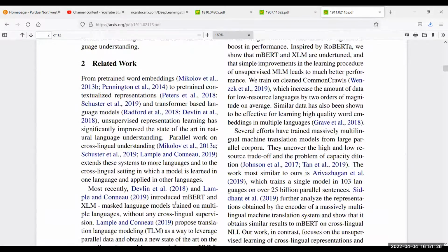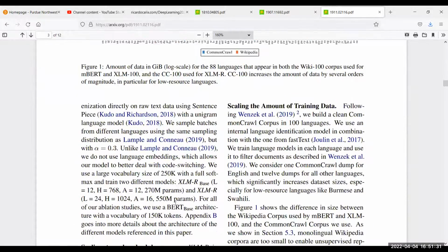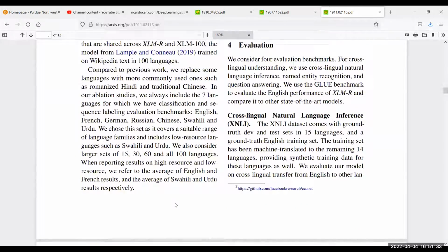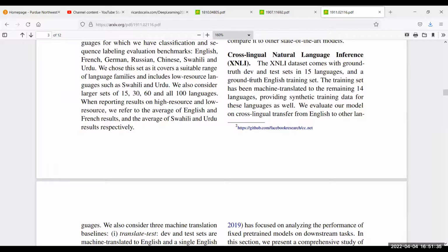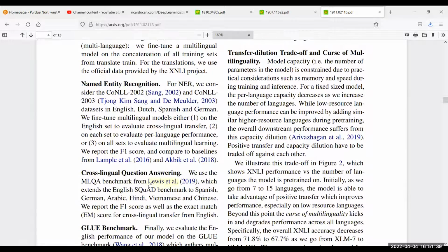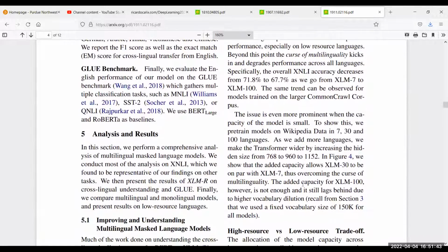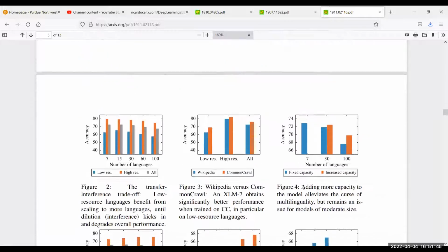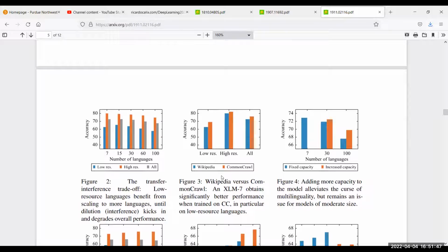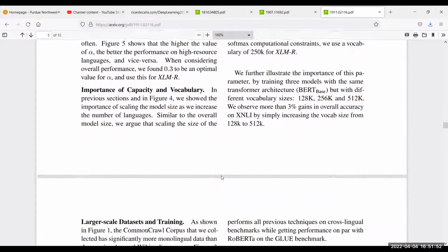It takes text, but now the text is from 100 different languages. And once you pre-train it, then you fine-tune it on the normal tasks: named entity recognition, cross-lingual question answering, the GLUE benchmark, and so on, right? So all of these. And then here they provide the scores, which are good.